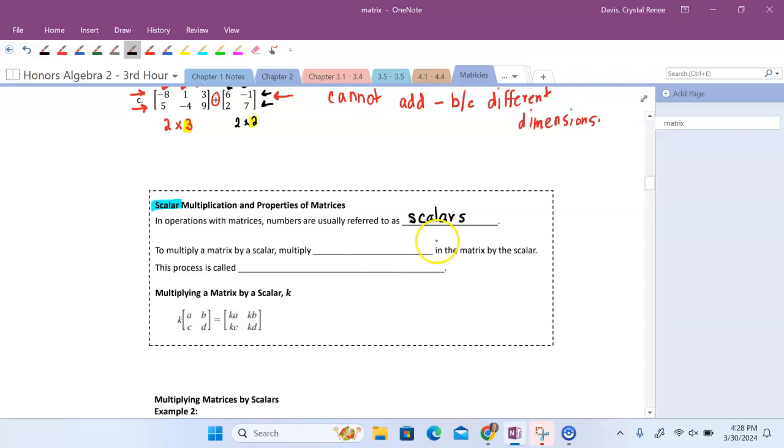Not in a matrix, it's just a number. So to multiply a matrix by a scalar, we multiply each element by the scalar. And when we do this, the product is called scalar multiplication.